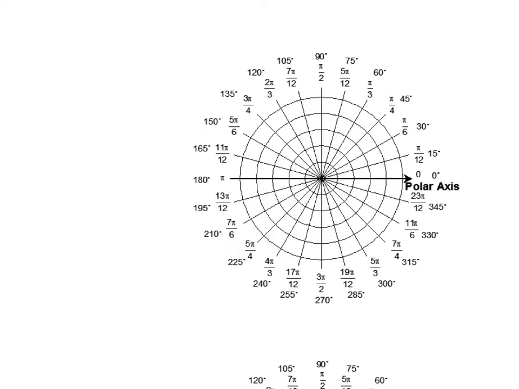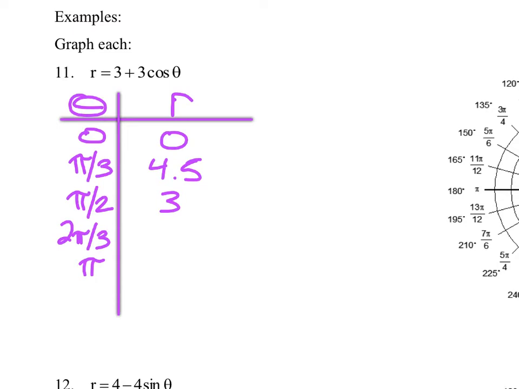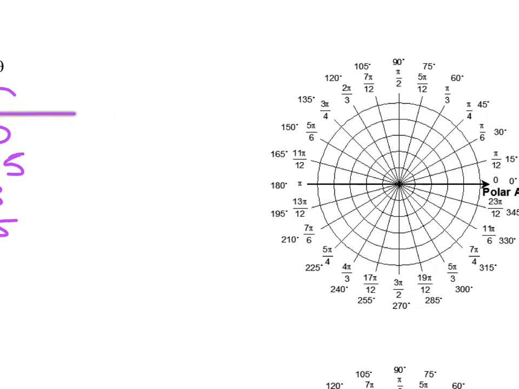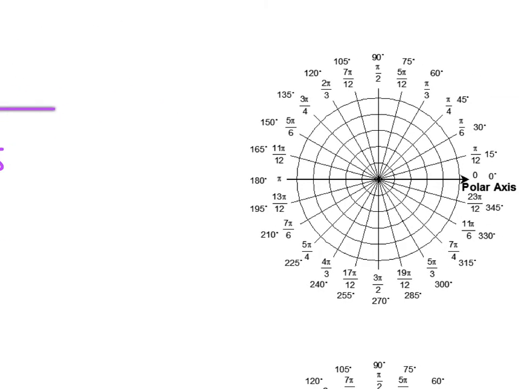So 2 more steps, go down 2 more steps, see what comes up. 1.5. I'm at 2 pi over 3. 1, 2, 3, 4 more steps will get me to pi. And that's going to be 0.